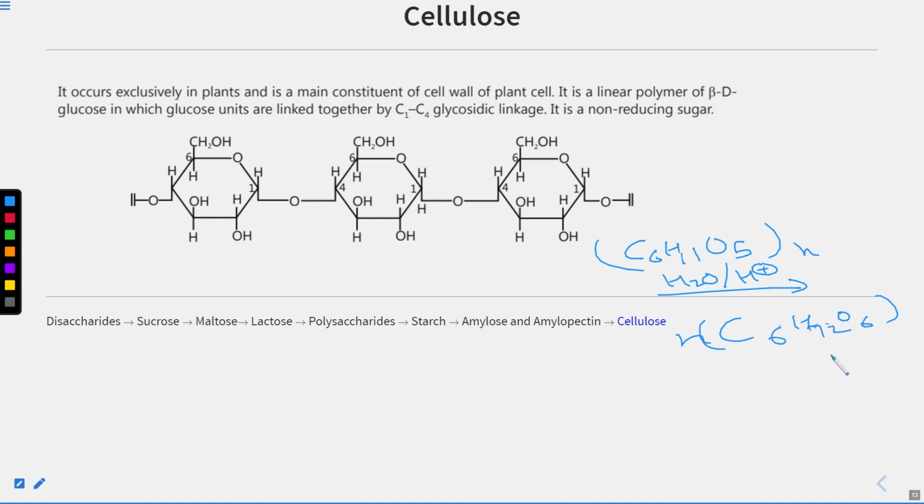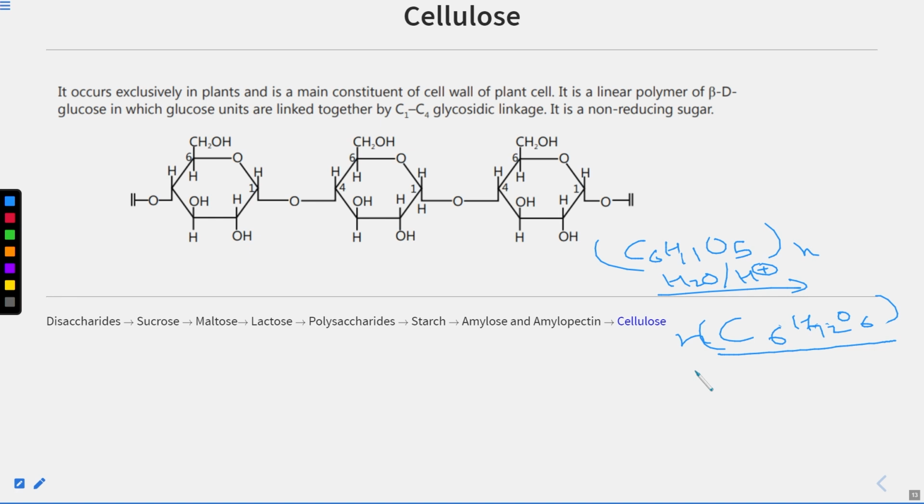Okay, clear? Now each unit, C6H11O5, will be added to a water molecule to make the C6H12O6 molecule, present in n moles.